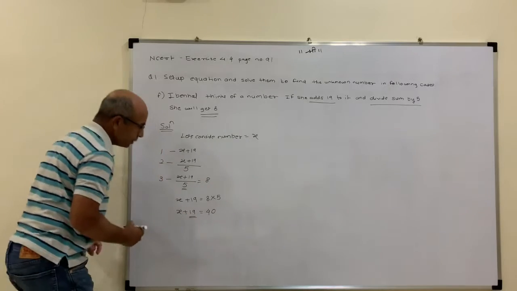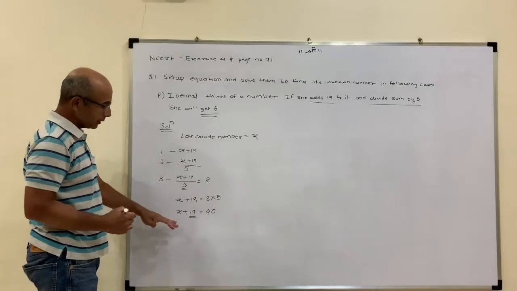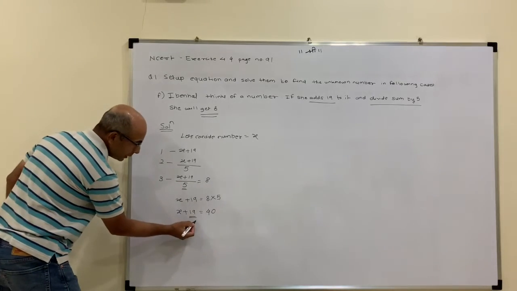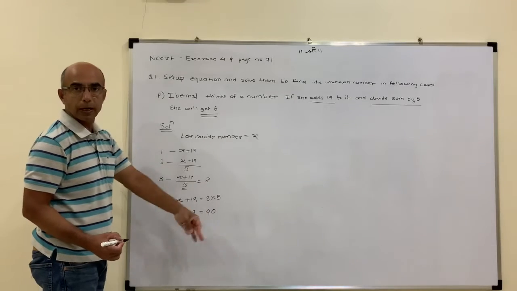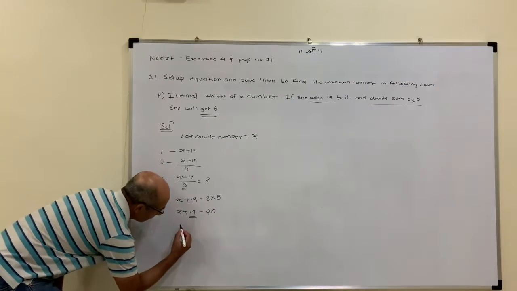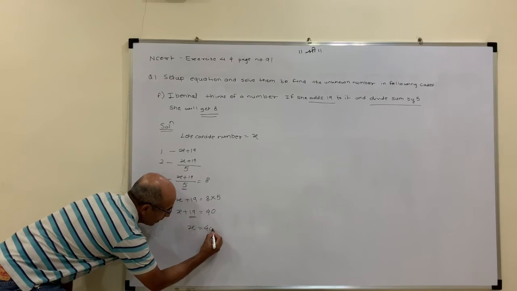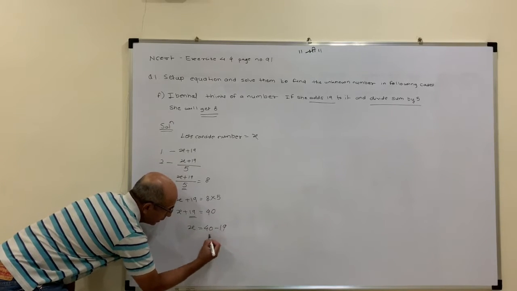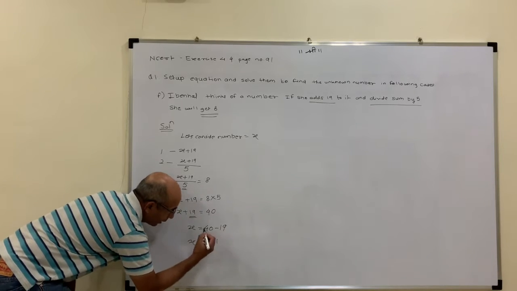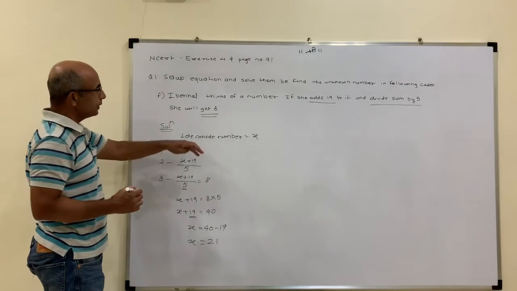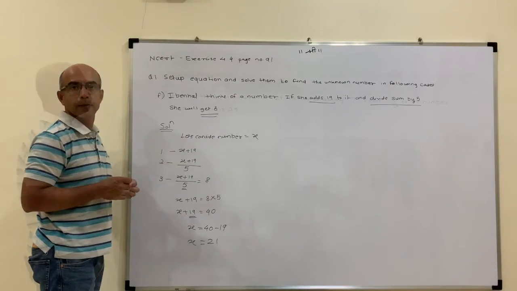Now we'll transpose this 19 from the left hand side to the right hand side. Since 19 is added over here, when we transpose it onto the right hand side, it will be subtracted. So x equals 40 minus 19. So x will be 21. So the number which is considered is 21.